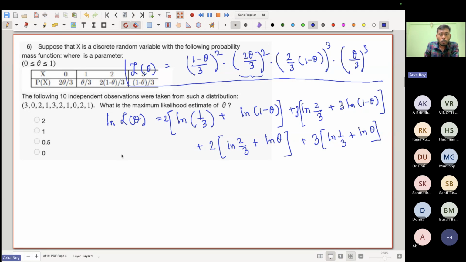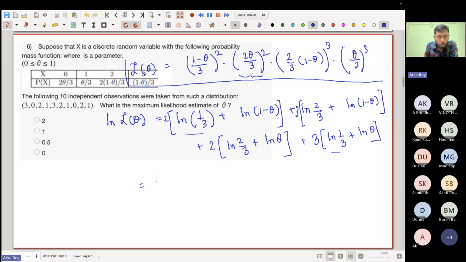Now what we have to do is take the differentiation with respect to theta. If I do some further modification, you can see that ln 1 by theta comes twice, so the coefficients are 2 and 3.